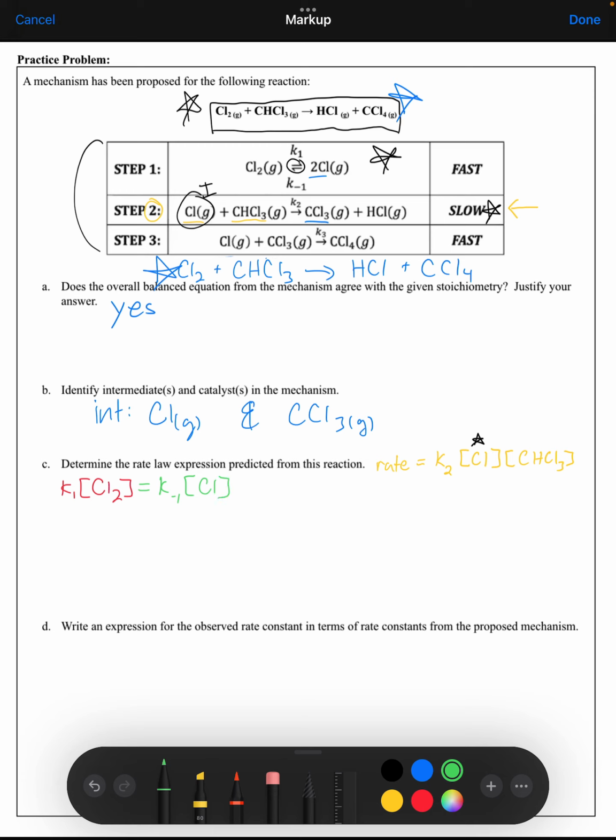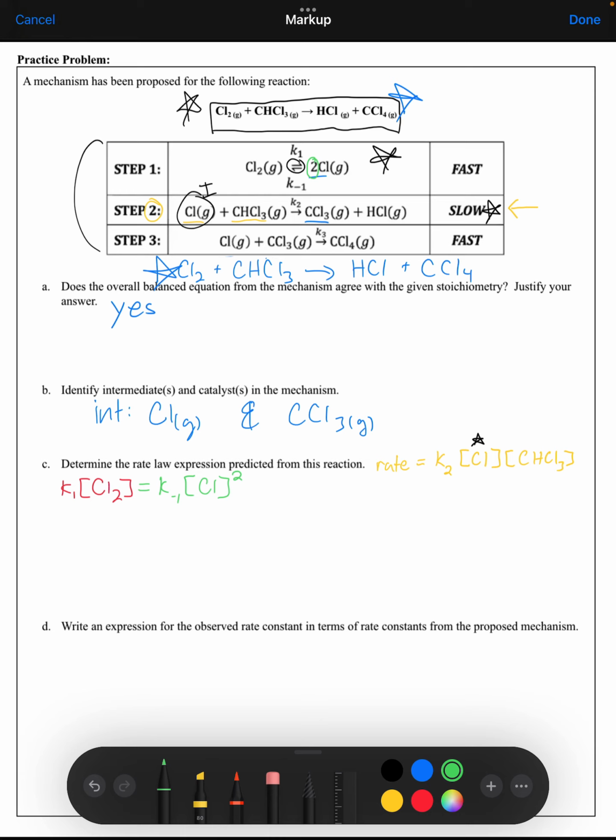Now, because there is a 2 here, that means that the reverse reaction is actually bimolecular. And when that happens, you actually move the coefficient up to become that exponent, expressing that the reactant order for the reverse reaction is second. That becomes important later.